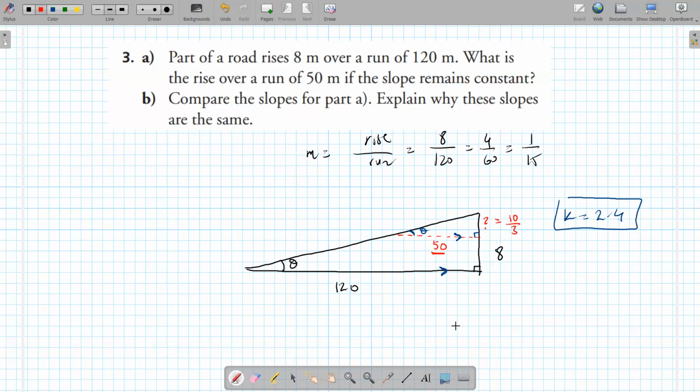So what's the slope of the smaller triangle? What over what? 10 over 3 over 50. Does the 50 go to level 2 or level 1?